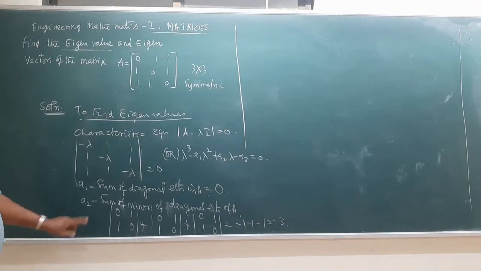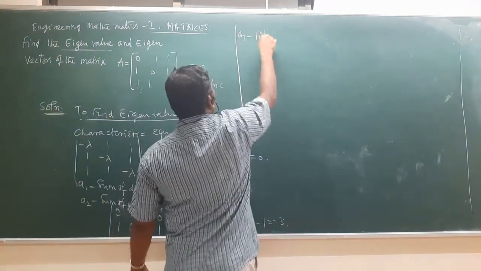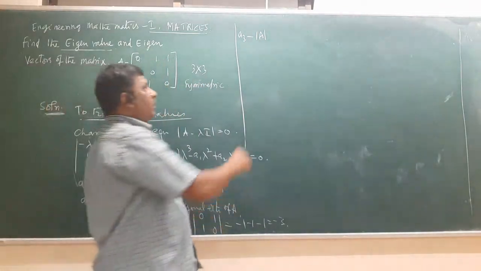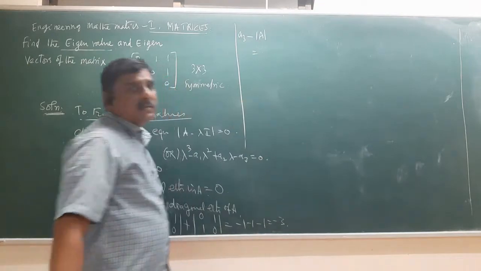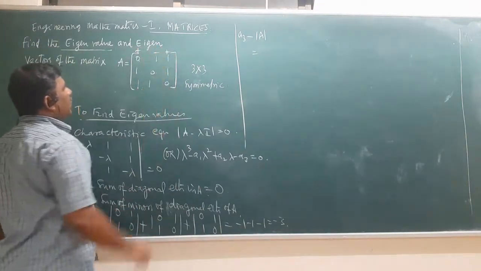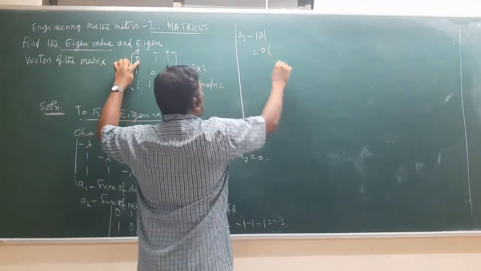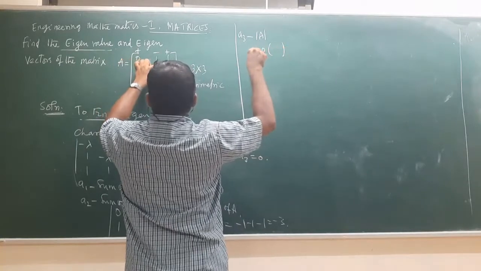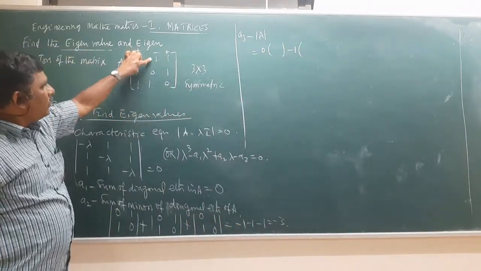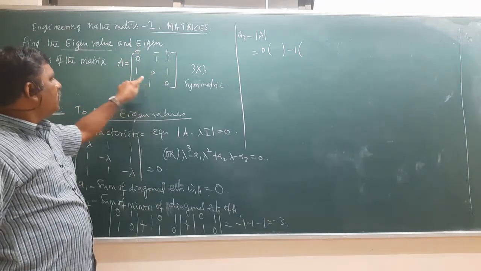Next we have to find a3. a3 is the determinant of A. How to find a3 here? First you put the signs plus, minus, plus. So 0, leave it, minus 1 into, take this row and this column, the determinant of 1, 1, 1, 0.